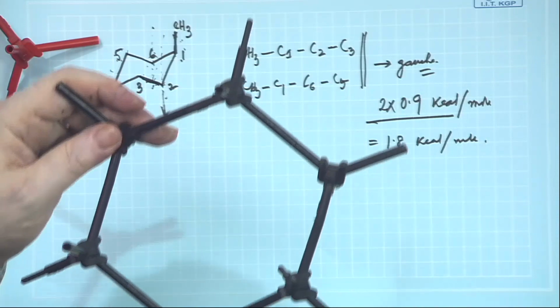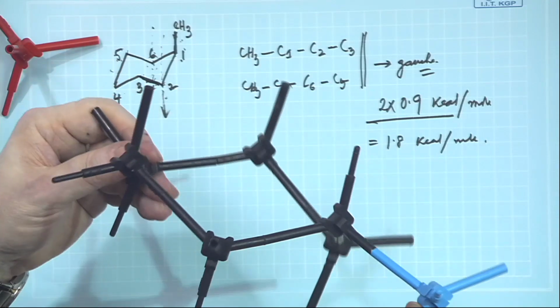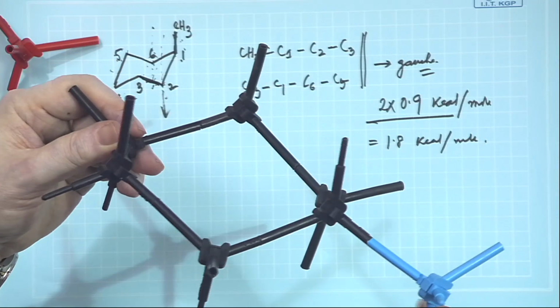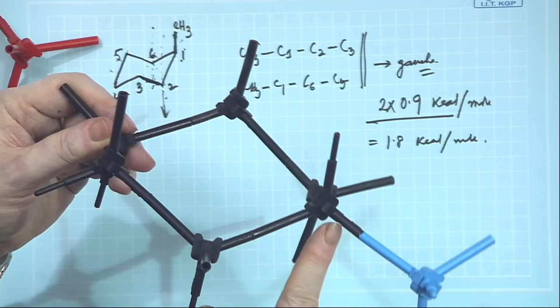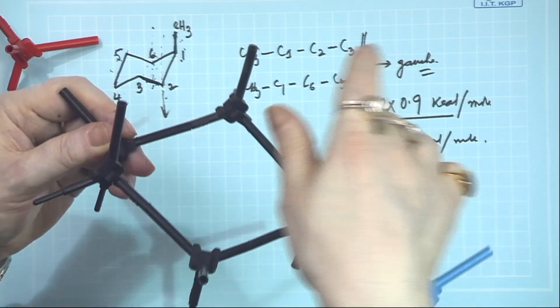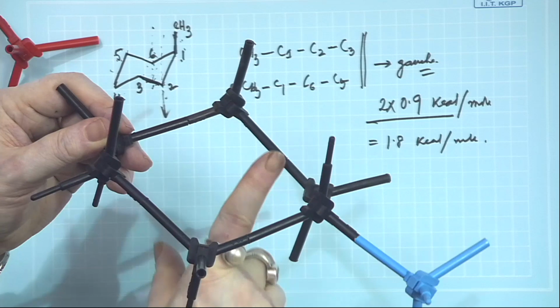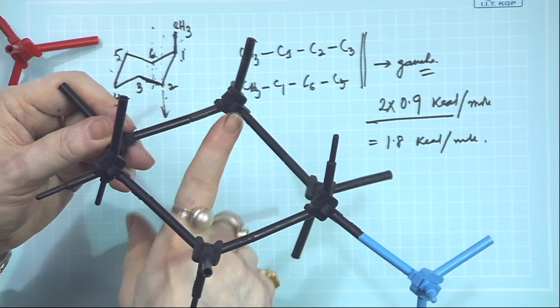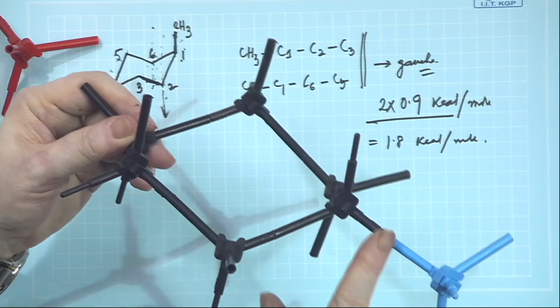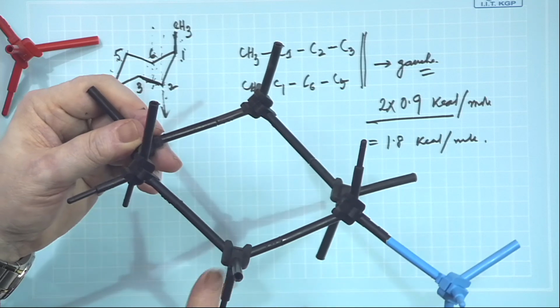Interestingly, in this form, if you look at the Newman projection kind of thing, you see this carbon-carbon bond is now anti to this. And the same thing happens, this carbon-carbon bond is anti to this.